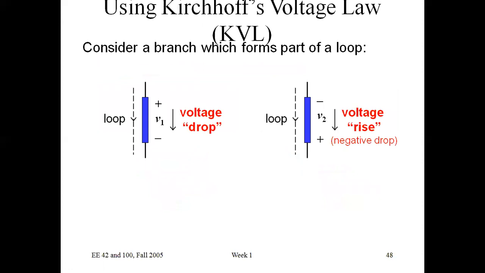Now the same, using Kirchhoff's voltage law, consider a branch which forms part of a loop. So let us say it is one branch of a loop, and we are moving in this direction in the loop, from positive to negative. So a voltage drop V1 will be there. Positive to negative means there is a fall in voltage, and this fall in voltage is always taken as negative.